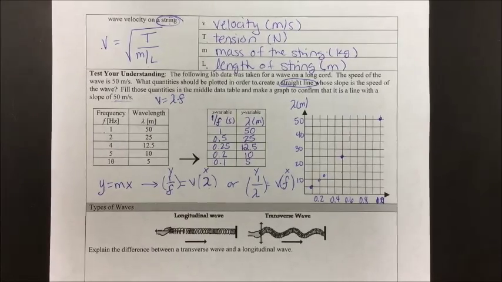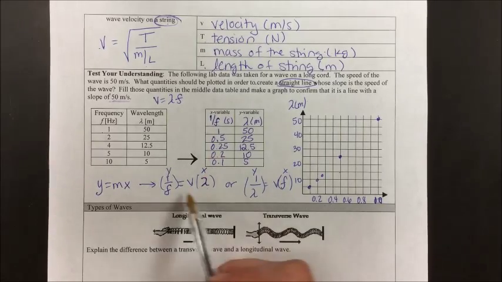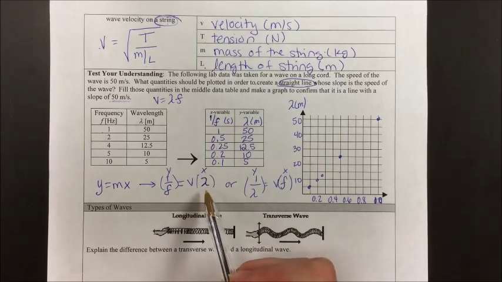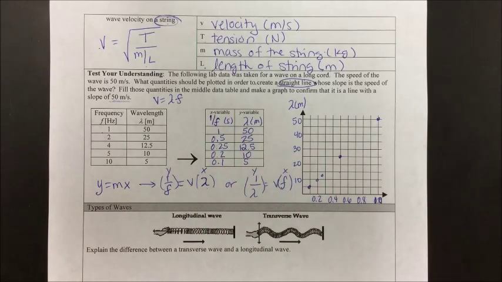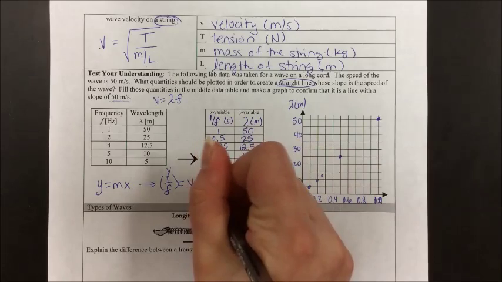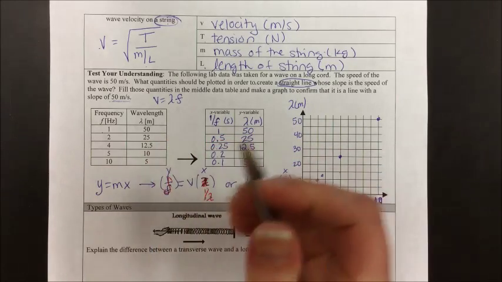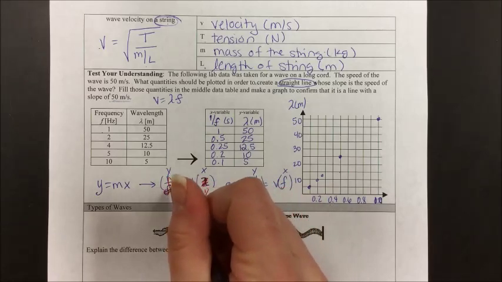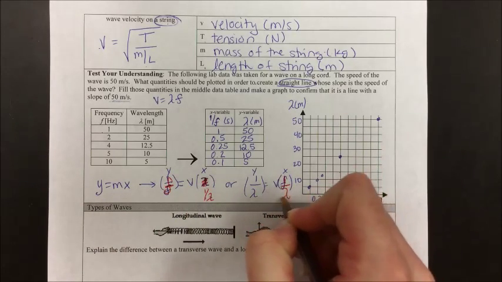Okay, so if you graphed your data, you'll see that I actually had my variables backwards if we're looking at our formula. This should be 1 over wavelength, and this should be frequency, and then so forth and so on with this other one as well.